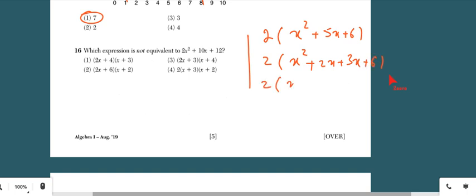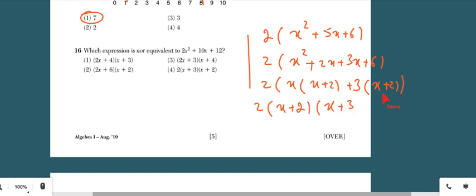So 2 into x parentheses x plus 2, plus 3 into x plus 2. So I will get 2 into x plus 2 and x plus 3. Okay, so this is the first expression, which is right here, so this is true.